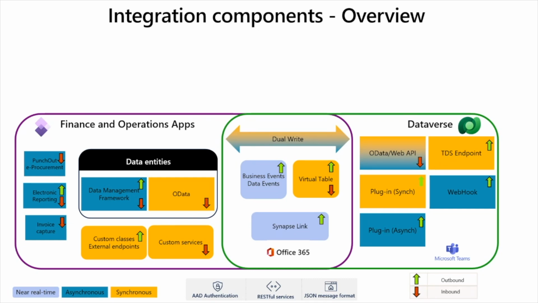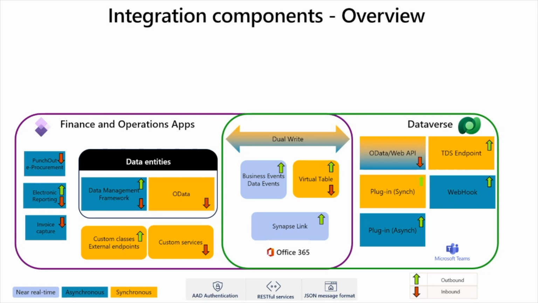So starting from the left, we have the finance and operations dedicated endpoints. The main protagonists are the entity-based options, which include the Data Management Framework, which is async communication, and the OData synchronous endpoints. We also have the ERP's traditional custom services and the ability to use custom classes and communicate with external endpoints.